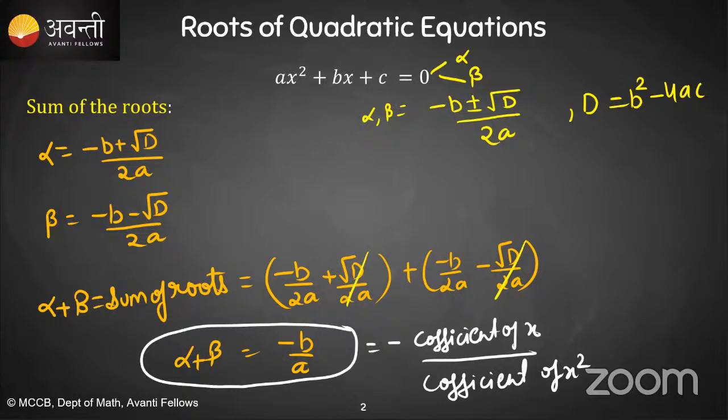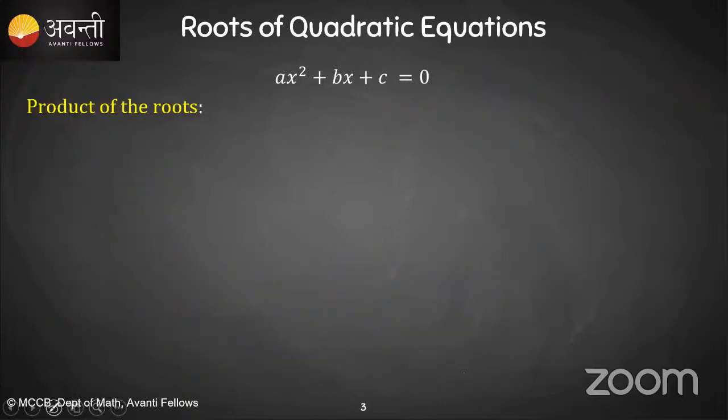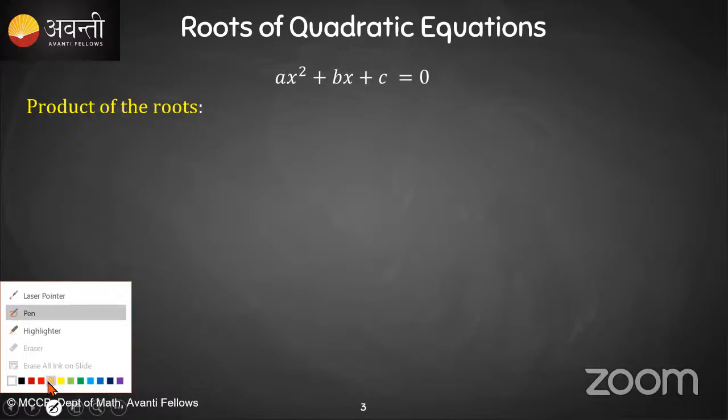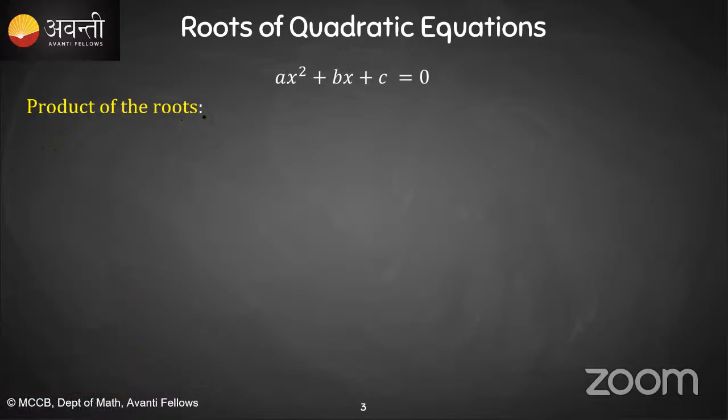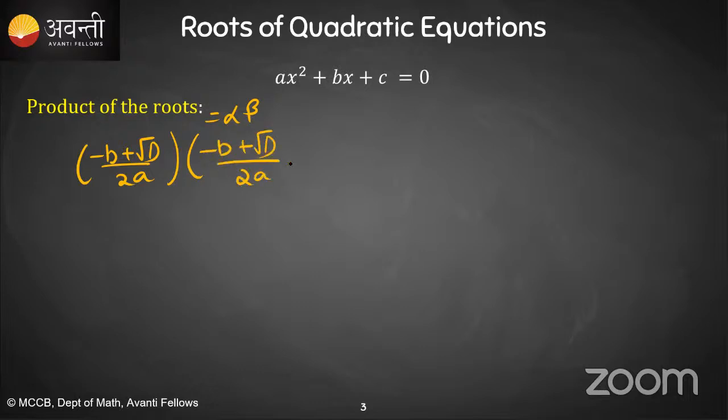Very simple, right? Similarly we can find the product of roots. What is the product of roots? Product of roots is alpha into beta. Alpha is minus b plus root d divided by 2a, and beta is minus b minus root d divided by 2a.